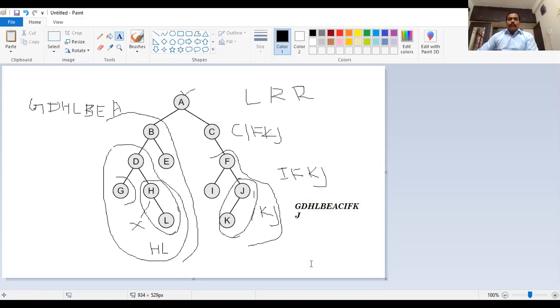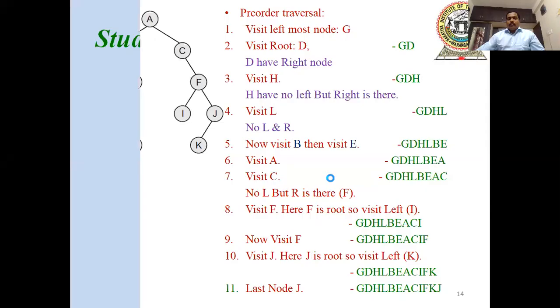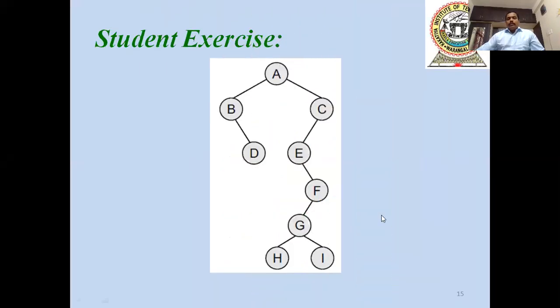Okay, so now we are going to the next step. Now you have time to work out the in-order traversal. The same diagram I gave for understanding purposes. Take half a minute to complete it. Just do it.